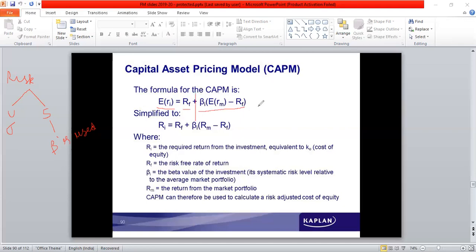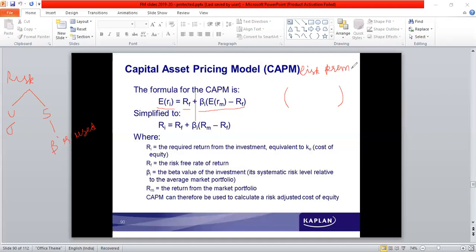Another part of it is this risk premium. This second part of the bracket is called the risk premium. What is risk premium? See, investments with risk free return also are there. So if somebody chooses to invest in anything other than risk free return, they are expecting a higher return.